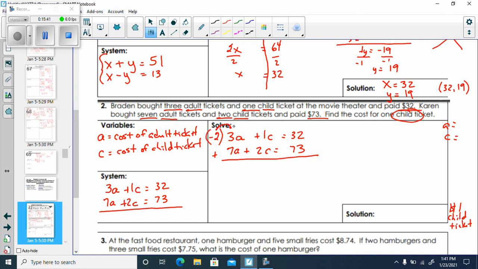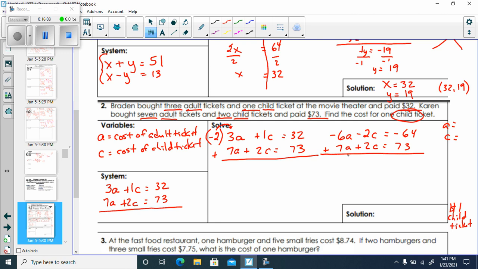Now let's use the distributive property. Negative 2 times 3A is negative 6A. Negative 2 times 1C is negative 2C. Negative 2 times 32 is negative 64. Okay, and let's write down what we've got here. 7A plus 2C equals 73.